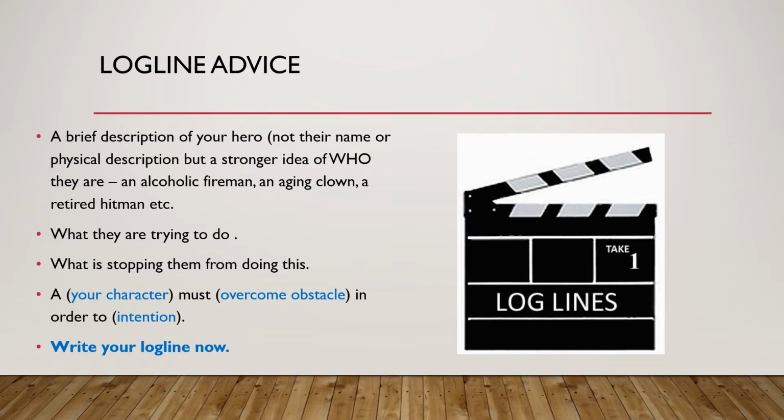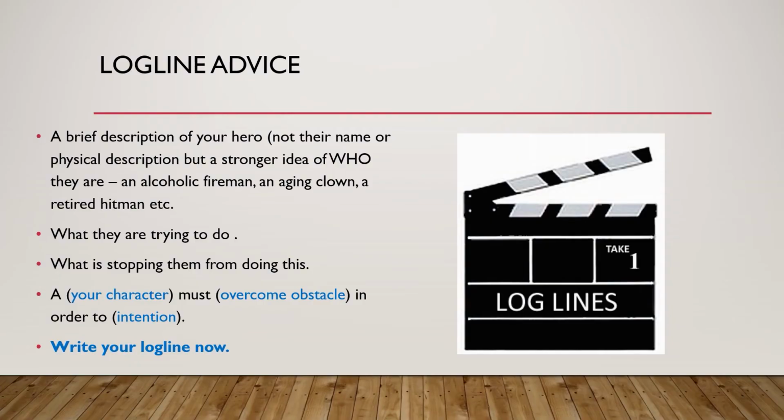Look at the formula in the workbook that's provided, and it might take you a few drafts, but work on it and come up with your own logline, and that will be your guiding principle for writing this short film script. Your character must overcome obstacle in order to intention.